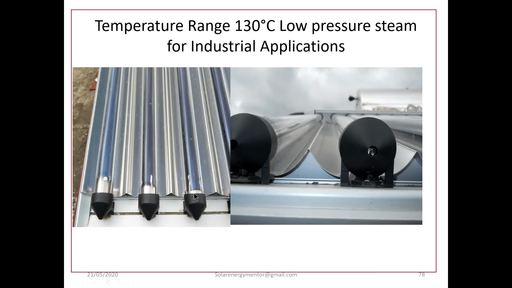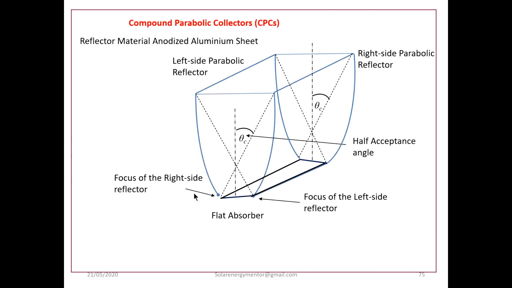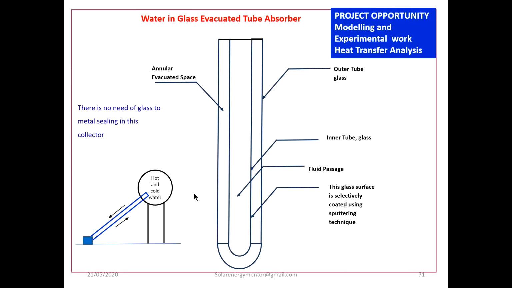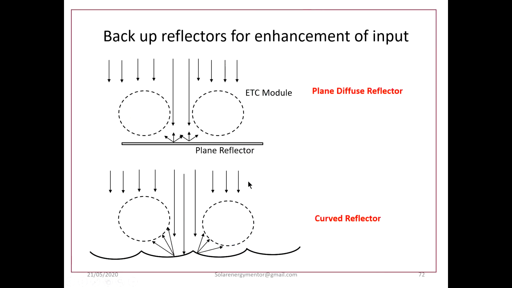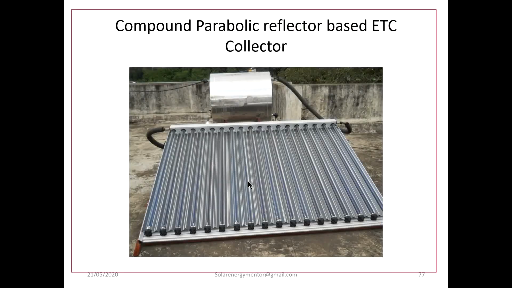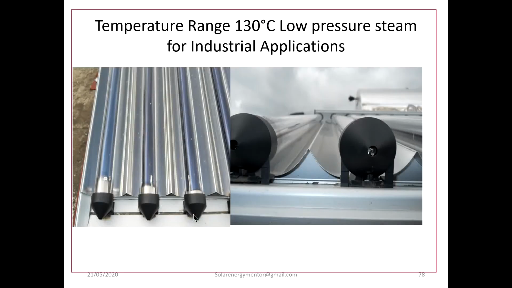These tubes accommodate the U tube type of absorber, which we saw in our first discussion. The efficiency of this collector is also very high, of the order of 72%. This offers a very good prospect for industrial process heating.